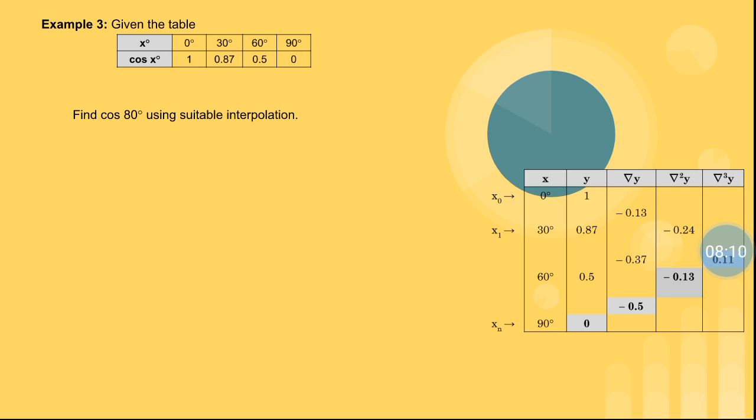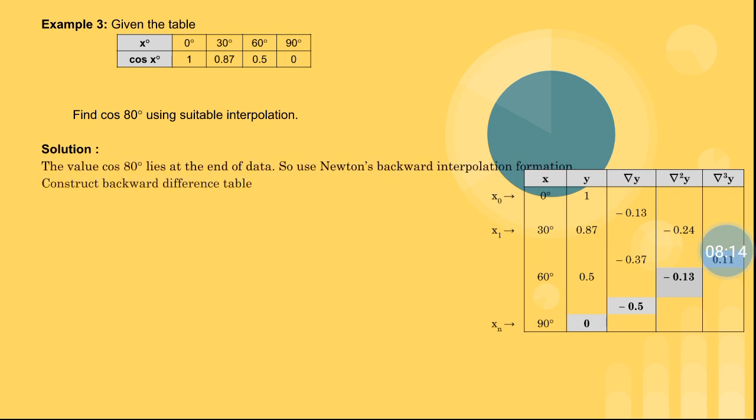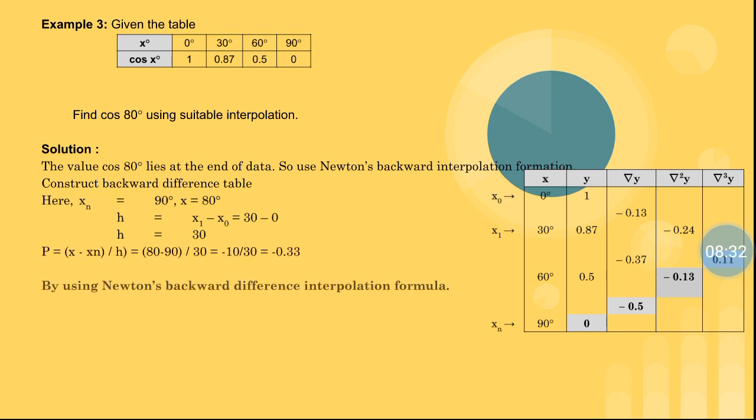So we apply Newton's backward interpolation formula. First is construction of the backward difference table. Take the values of xn as 90 and x as 80. The difference h you can see is 30. The value of p is (x minus xn) upon h, that is (80 minus 90) upon 30, which is minus 0.33.